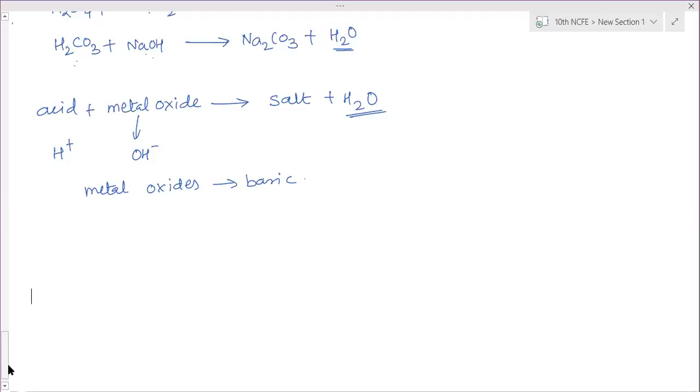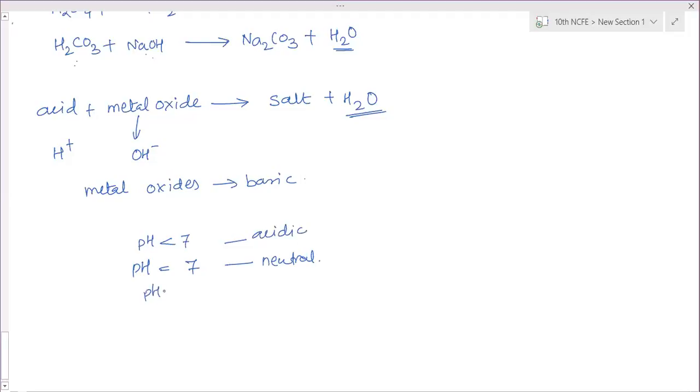So the pH scale has been drawn. In the pH scale, values range from 0 to 14. For a neutral solution, the pH is 7. If pH is less than 7, the solutions are acidic.